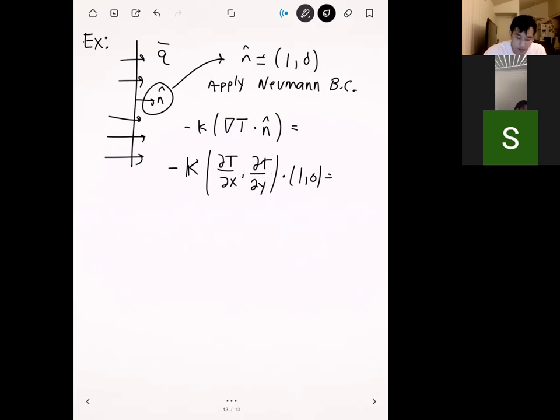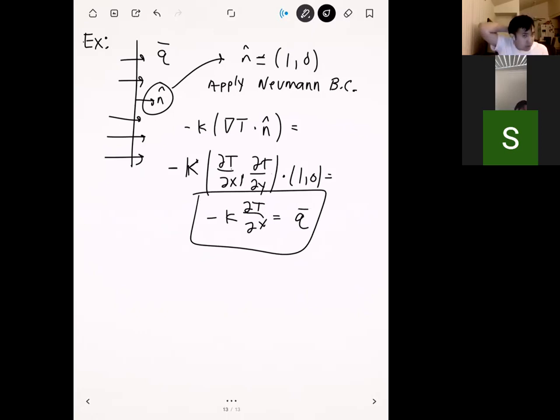So we have dT/dx multiplied by 1, and to that we add dT/dy multiplied by 0. All we get is minus k partial T partial x. To apply our Neumann boundary condition, this has to be equal to q bar.